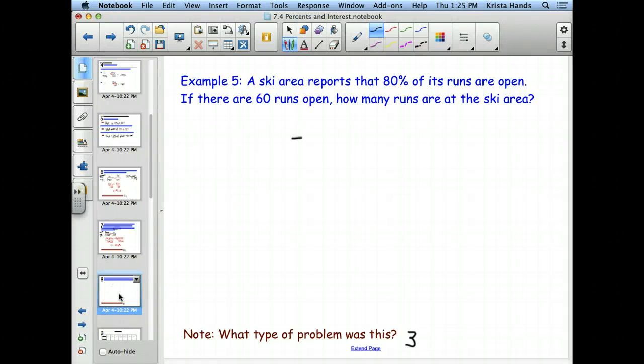So I start out with the 100, and I have the 80. Where will my 60 go? On top. Because the 60 corresponds to that 80%, right? And what I don't know is what corresponds to 100% of the runs being open. And that's what I'm trying to find.